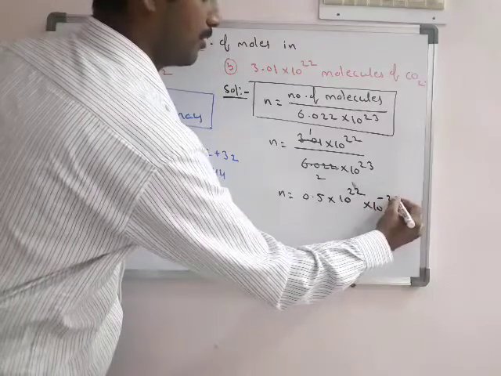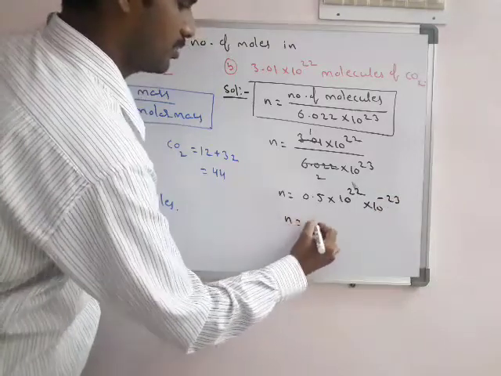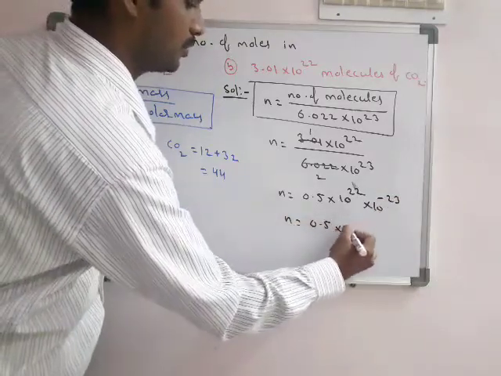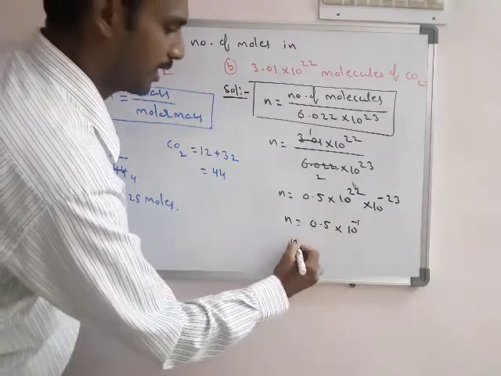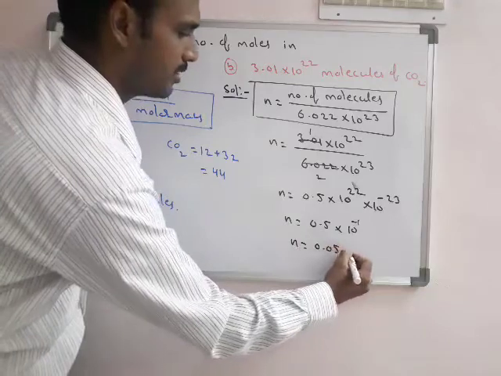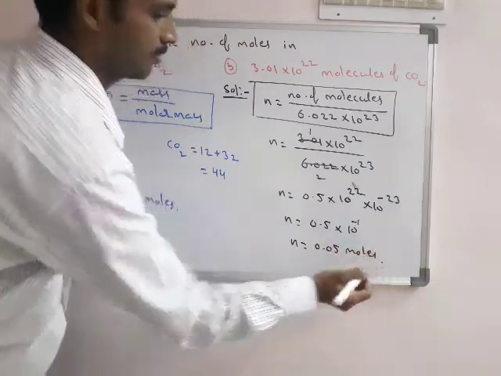This becomes 10 power minus 23, so it becomes 0.5 into 10 power minus 1, which is 0.05 moles.